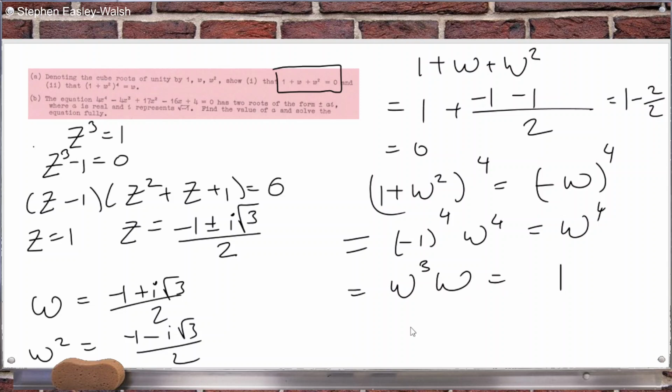But that's equal to 1 since omega cubed is 1. So 1 times omega, which is equal to omega, which is what it's supposed to be.